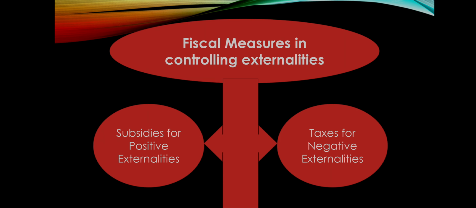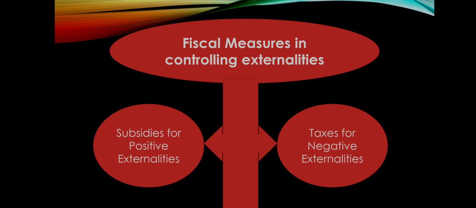externalities. Now we will see what are the fiscal measures the government can take in order to control positive and negative externalities. In order to increase the positive externalities, the government can give subsidies for positive externalities. For example, for installation of solar panels, the government is giving subsidies for everyone.